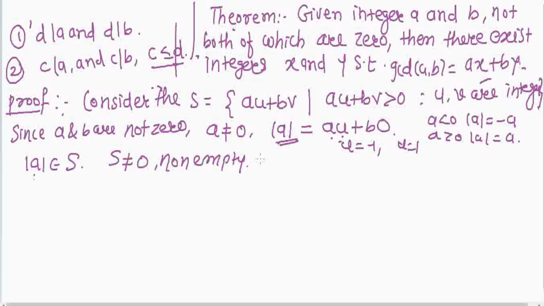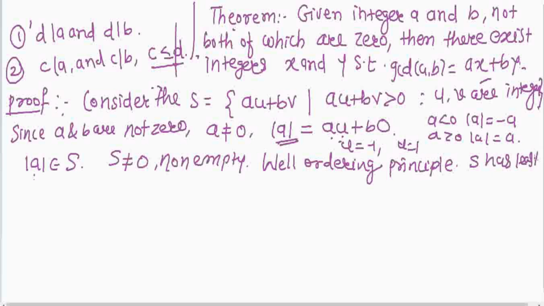Then we can apply the well ordering principle. What is the well ordering principle? Every non-empty set of positive integers has a least element. According to this principle, S has a least element.